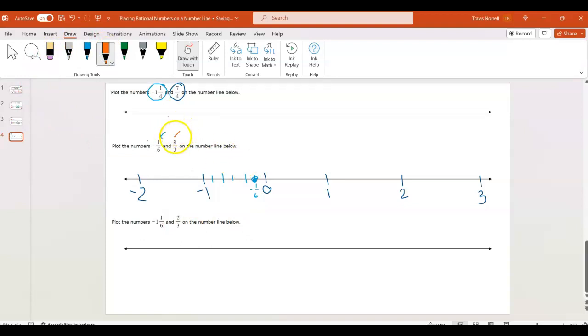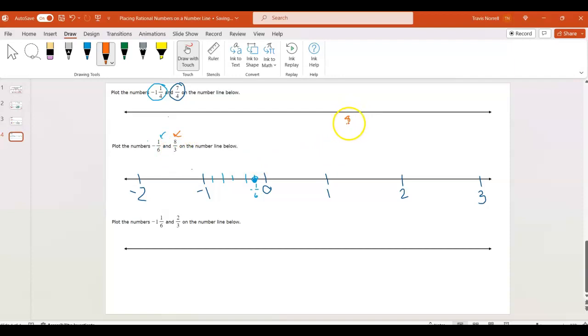Now my second one is going to be in thirds, but the number line is broken into sixths. So I'm going to have to think in sixths. Here's one way you could do that.